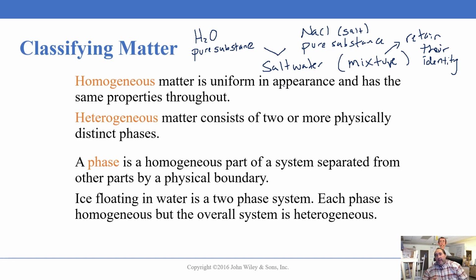So when you take two or more pure substances and put them together, they still maintain their identity. And there's two types of mixtures that we come across. One is a homogeneous mixture. In a homogeneous mixture, we mix everything together and it appears the same throughout.